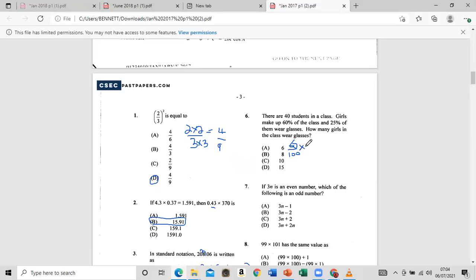Guys, don't worry now. You guys got this, alright? This cancels this, and this cancels this. So there are 24 girls in the class. So from that, we need to find a quarter. 25% is the same thing as a quarter. Quarter times 24.